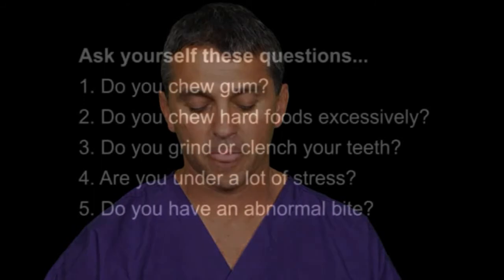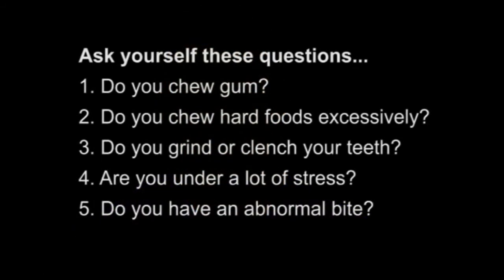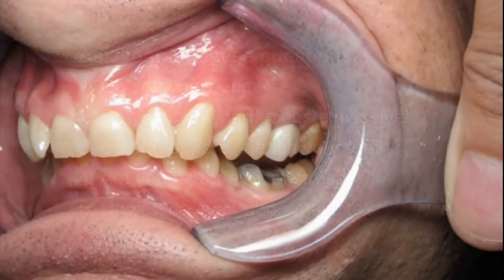Which patients are more likely to experience these problems? This can be easily seen in patients who have deep overbites and poor bites. What this means is that any bite issue reduces the effectiveness of the teeth to hold the jaws in the proper position.